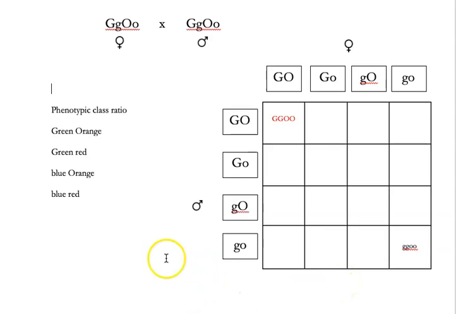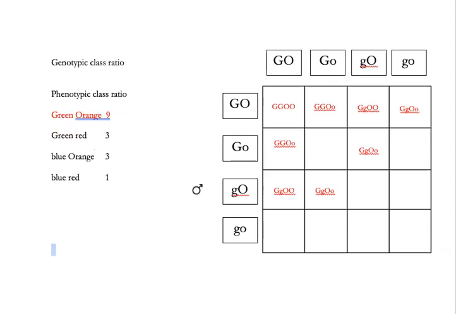For this type of problem where both parents are heterozygotes, you're always going to see this 9 to 3 to 3 to 1 ratio. And we'll start off saying that the green and orange phenotype, we're going to make red all the time. I'll show you what I mean.